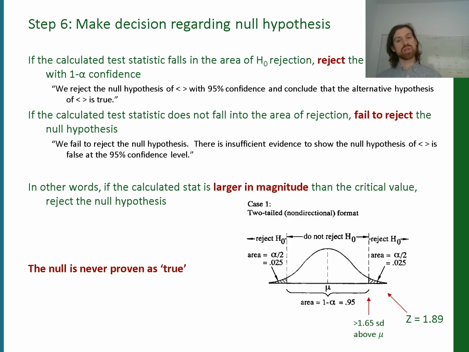There is insufficient evidence to show that the null hypothesis of house prices in Fairfax being significantly different from Virginia is false at the 95% confidence level.